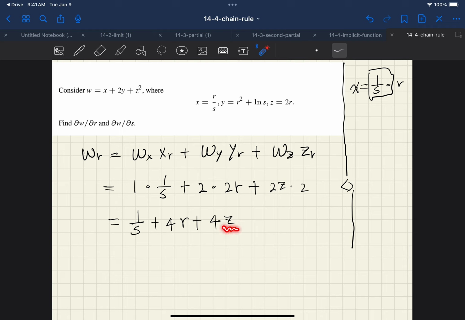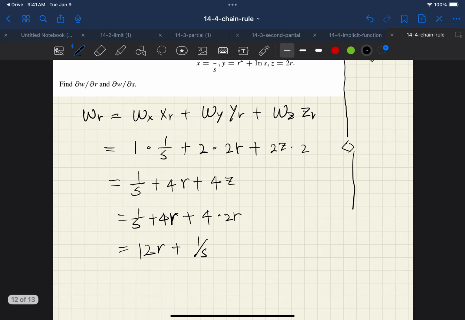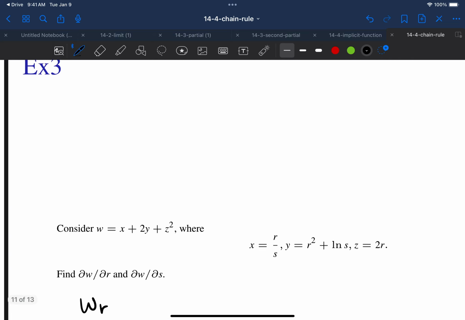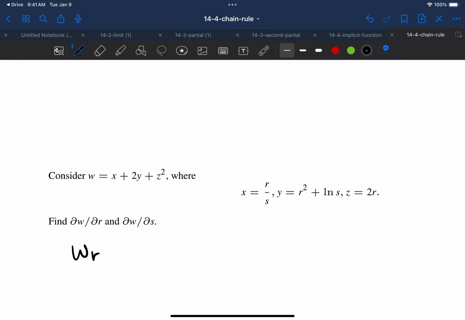And z is an intermediate variable; I don't want to leave it in the middle. So 4r, and 4 times z is given by 2r from here. And then if I simplify, that gives me 12r plus 1 over s. All right.